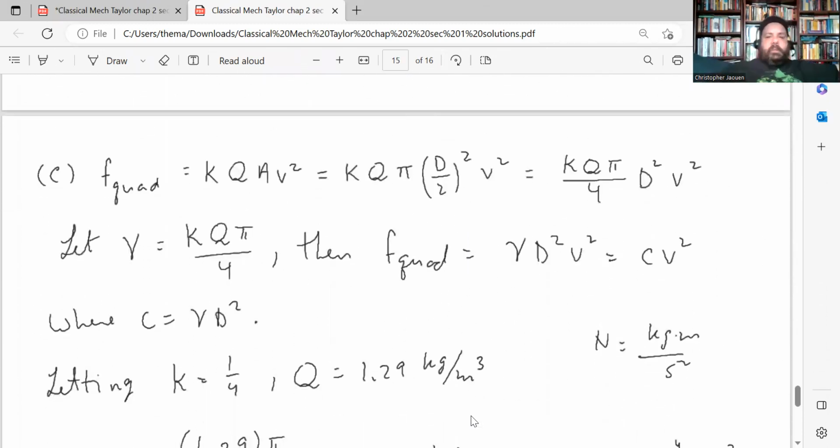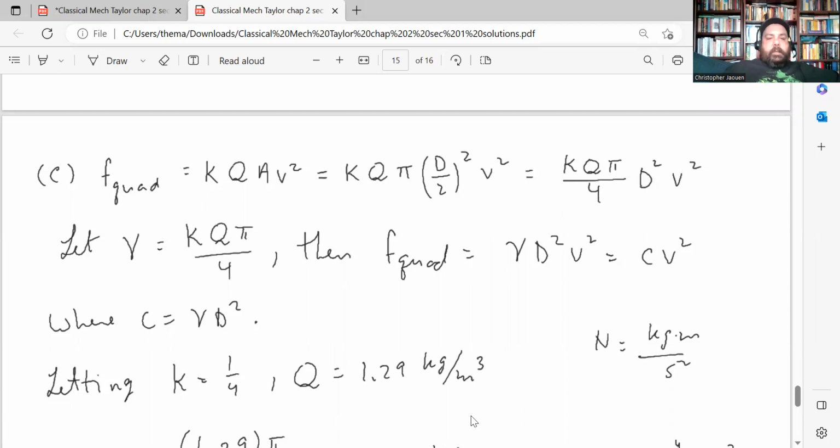So just using the formula, F quad is kappa Q A V squared, which, using the fact that we're dealing with a sphere, A is pi r squared, where r is D over 2, so pi times D over 2 squared. Simplifying everything, we get kappa Q pi over 4 times D squared V squared.